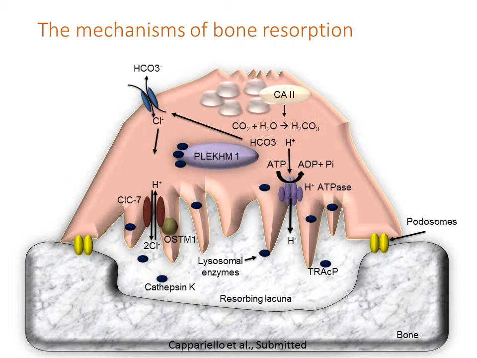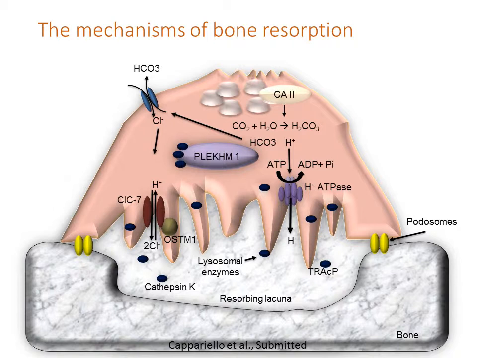The bicarbonate is then exchanged through the basolateral membrane by a bicarbonate chloride exchanger. The chloride influxes into the cell and then is released into the resorbing lacuna through a chloride proton antiporter associated with a beta subunit that is called OSTM1.